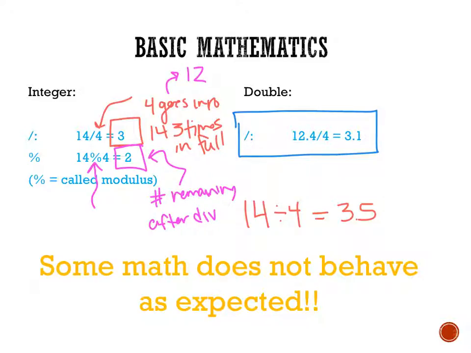So essentially 4 times 3 gives us 12, but we're trying to get to 14, so we would need to add on 2 more. There would be a remainder of 2 after that integer division. So that is where division doesn't really work as we expect, and then the modulus comes into play to tell us how many would be remaining.